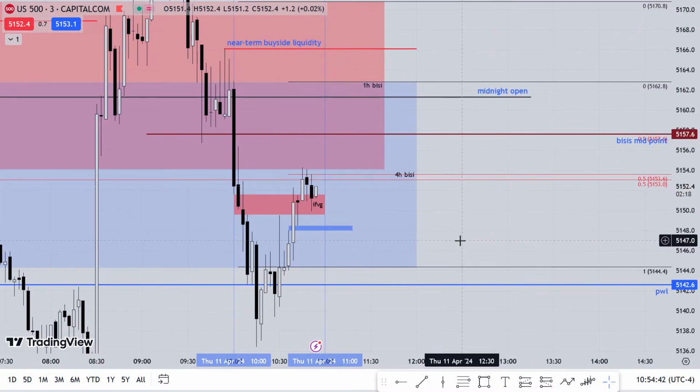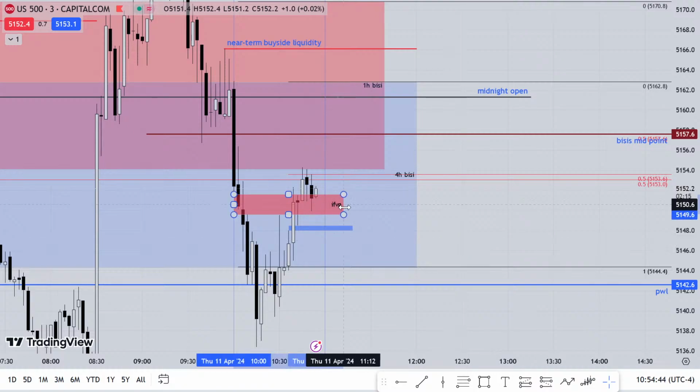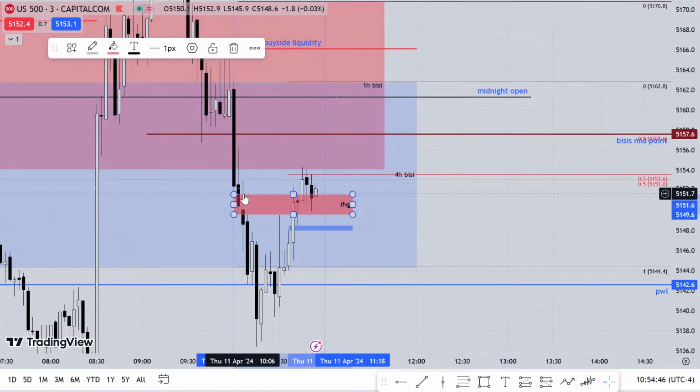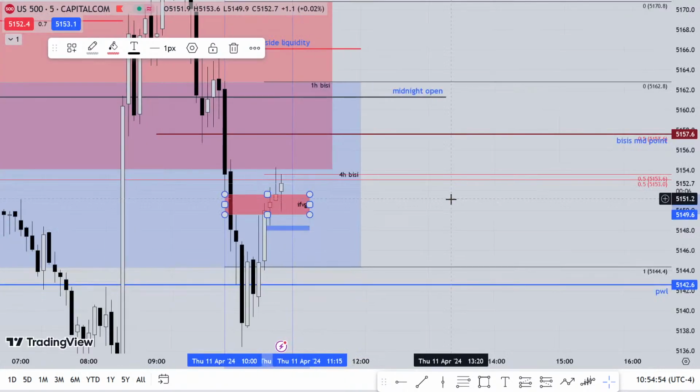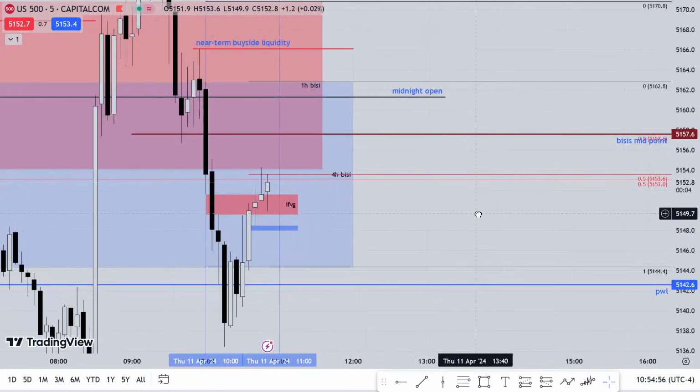This is what I don't want to see. Price staying too long inside of this inverse fair value gap from the 5 minutes.